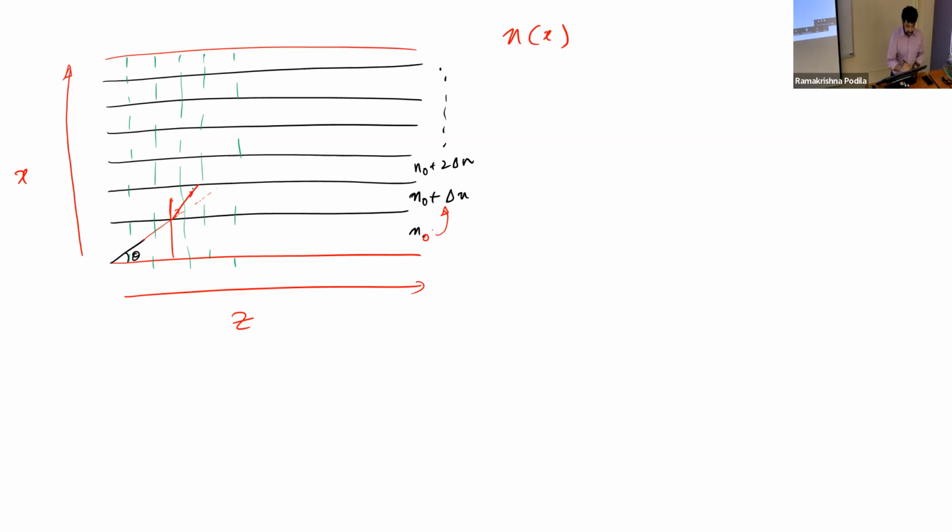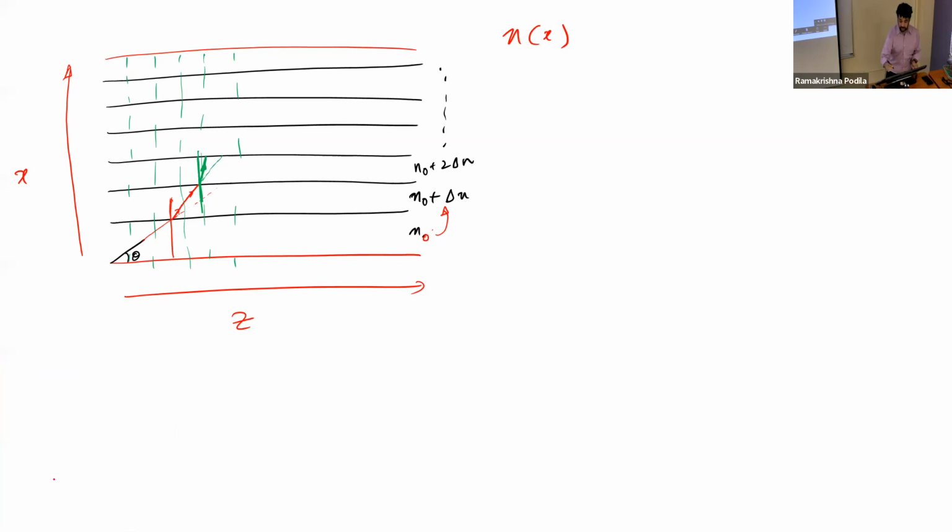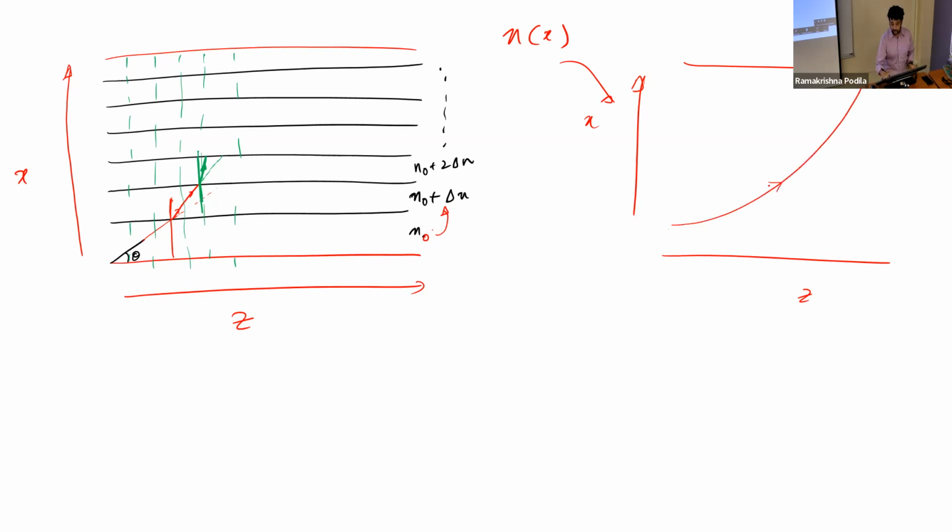Then I can draw another normal here, and it would bend some more, and so on and so forth. So in general, if we have a medium, this is X, and N is varying along X, and this is Z, then based on how the refractive index varies, the ray path would look like that.